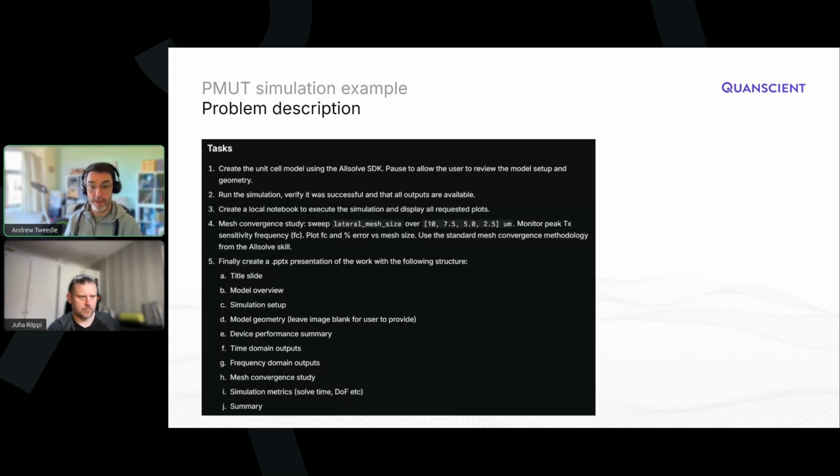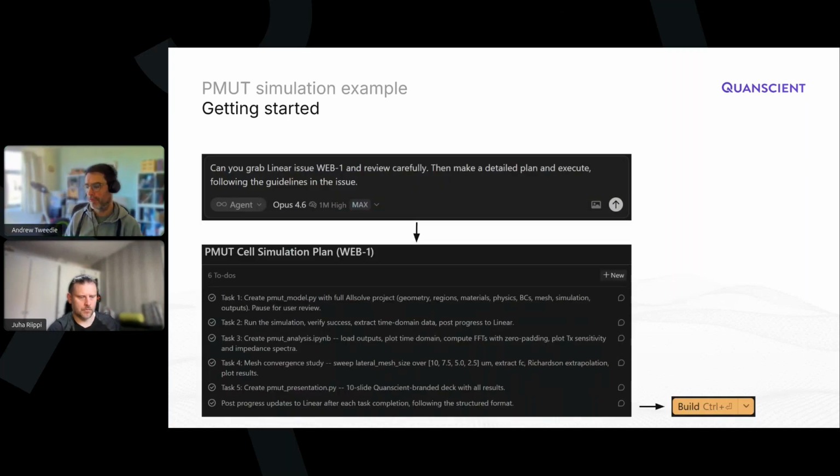And finally, some information on things I would like to see in a final report published to a PowerPoint presentation. So this is the task that we've given to the agent.